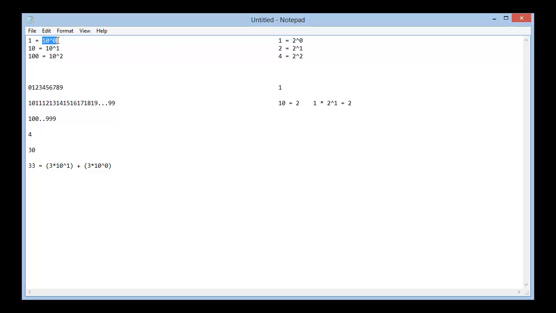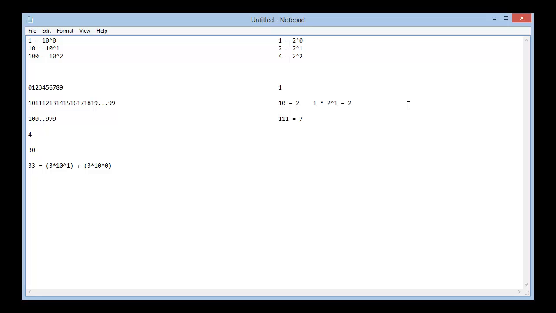Whereas this is our ones place, tens place, hundreds place. So let's do our second place. I want to write the number 7. 7 is the highest number that I can write in this place. Why? Because 7 is 1, 1, 1, and that is equal to 7.